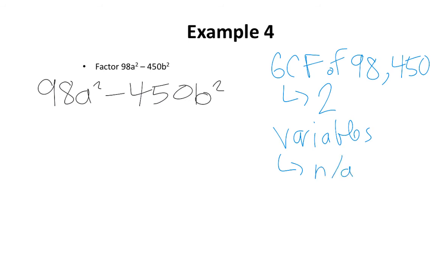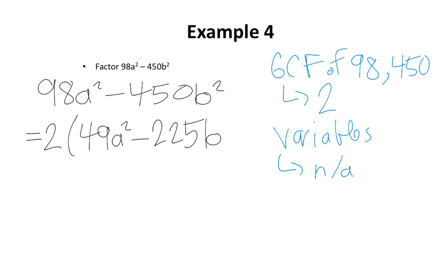Therefore, what I want you to do is divide each term by 2. And when we do that, a 2 goes out in front of the brackets, and that becomes 49a squared minus 225b squared. Now I want you to take a look at the terms inside the brackets.